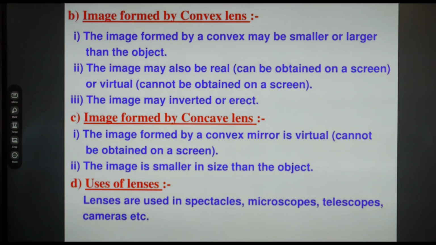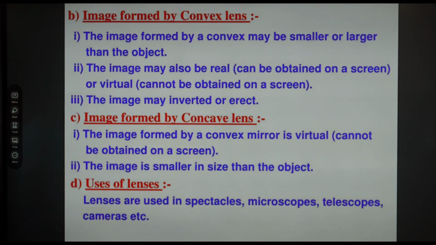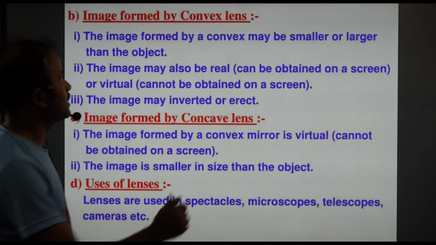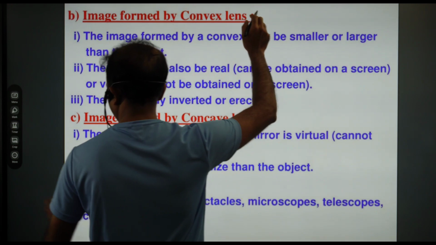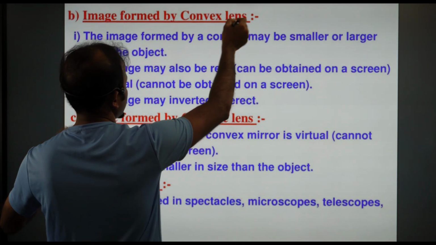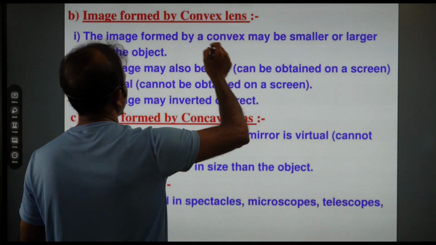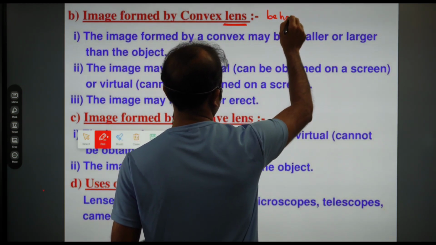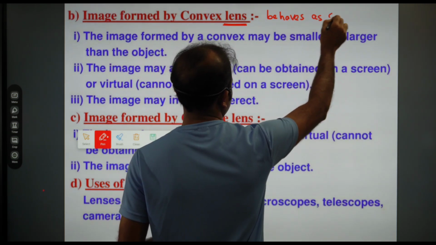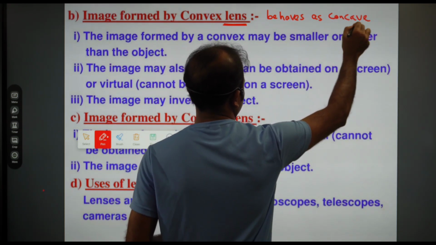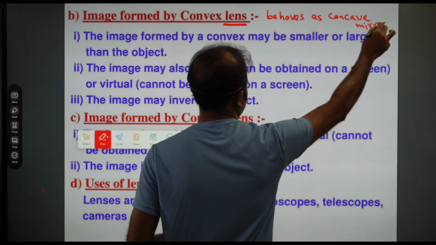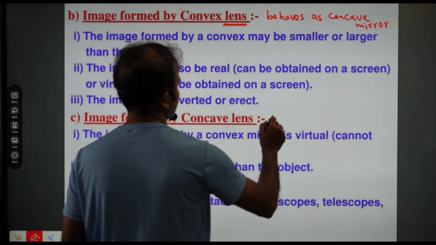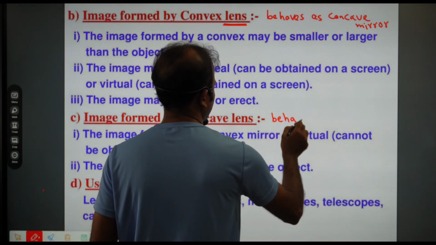Image formed by convex lens and image formed by concave lens. A convex lens behaves as a concave mirror. It is a lens, not a mirror, right? A concave lens behaves as a convex mirror.